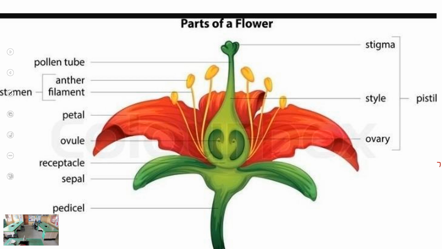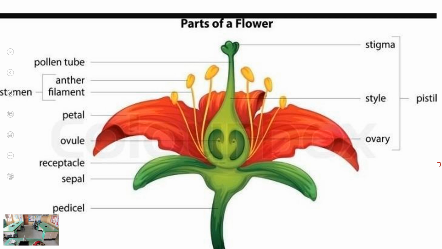It consists of the filament and the anther. And then the innermost flower part is the pistil or the carpel, which is the female reproductive part of a flower. It consists of the stigma, the style, and the ovary. I want to believe we can identify the 4 flower parts from this diagram.